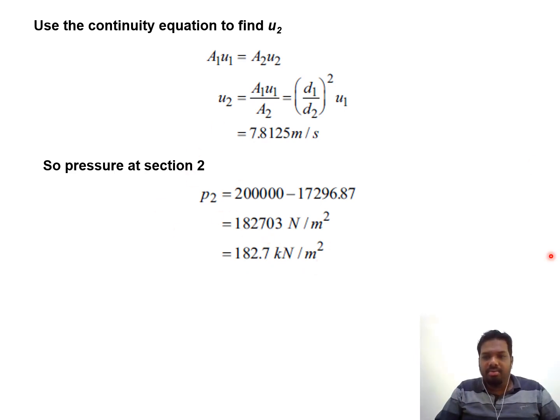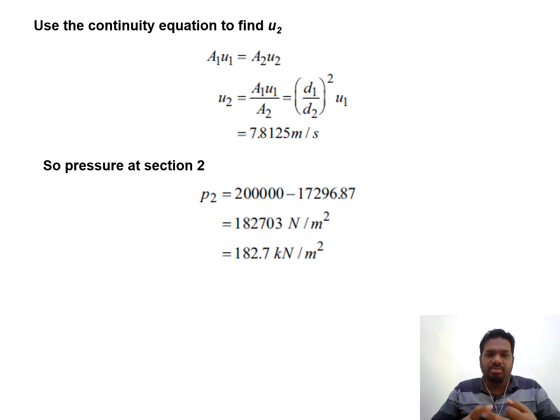This is how we can use both Bernoulli's equation and the continuity equation in partnership to solve for parameters. Using the continuity equation in combination with Bernoulli's equation, you can find the pressures and the velocities in a steady flow.